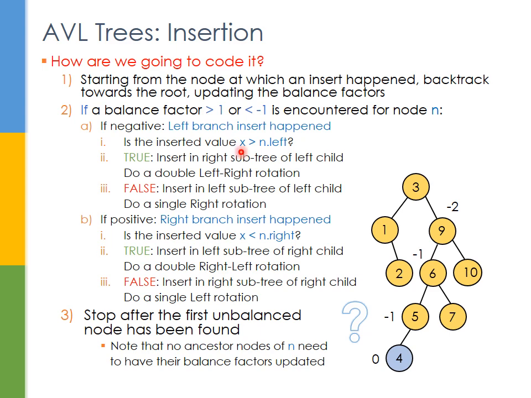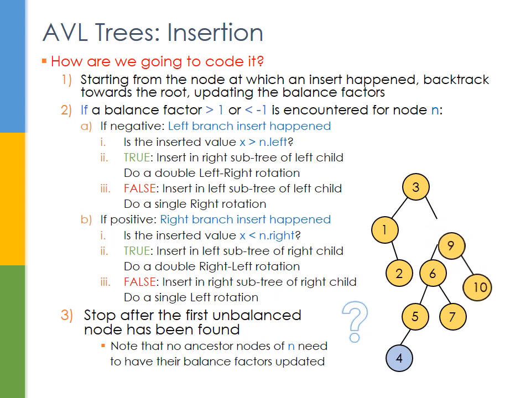So this test, in other words, then fails, so we go to this false outcome over here, and we then know that we have inserted into the left subtree of the left child of the unbalanced node. So this means we then simply perform a single right rotation about the unbalanced node.